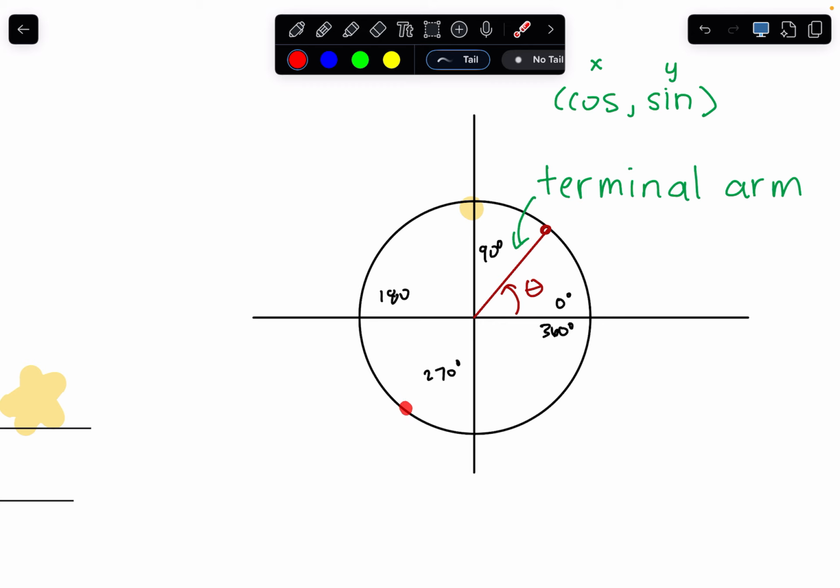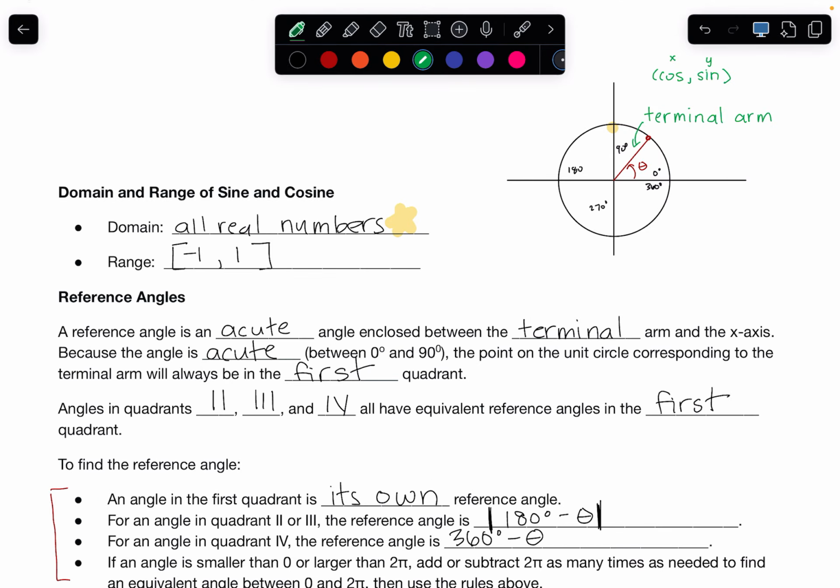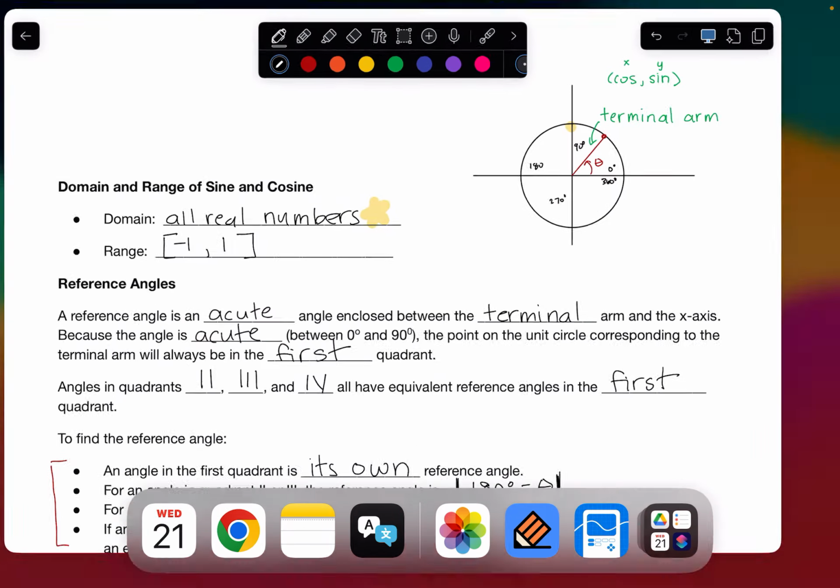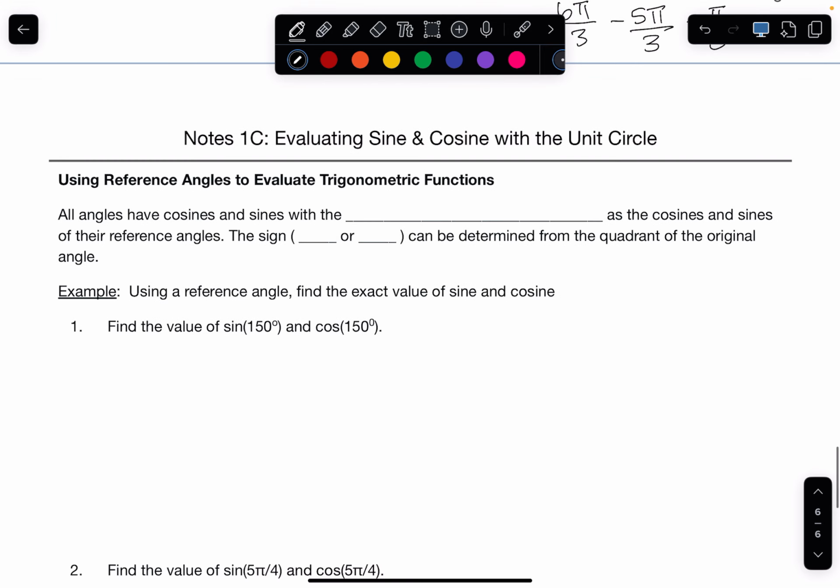Negative. Same value as its buddy in quadrant 1, just with a minus sign. What about its y coordinate? Negative. So same absolute value as the guy in quadrant 1, but with a minus sign. So if I know my reference angle, I know the absolute value of my sine and cosine.